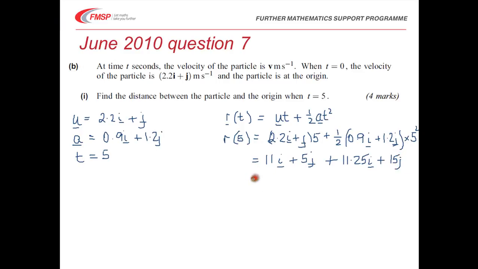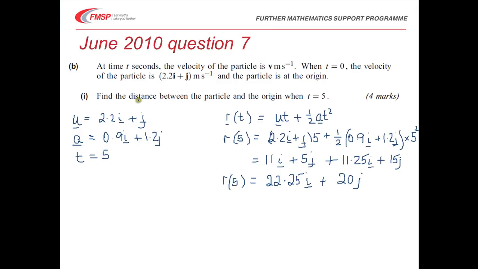And it's now just a matter of bringing the i components together. We have 22.25i plus 5 and 15, 20j. So we now have our position vector when t is equal to 5.